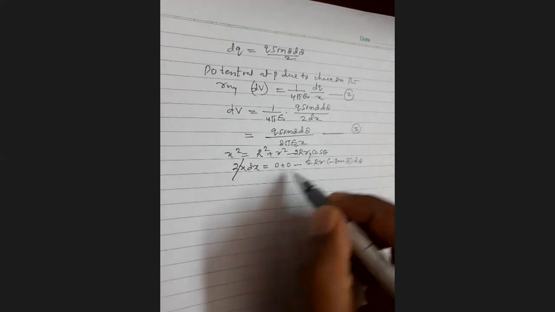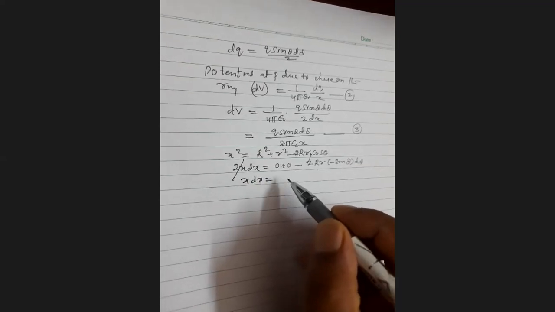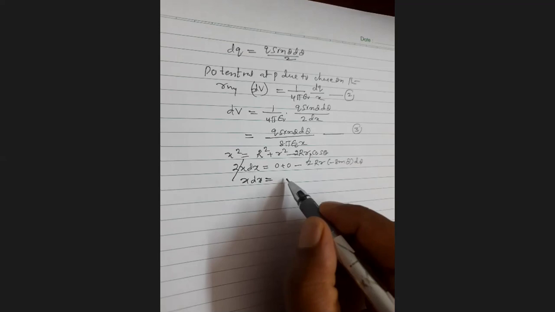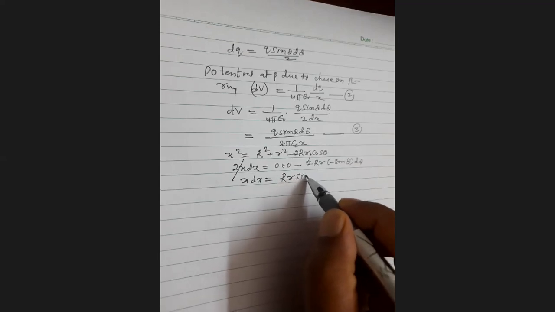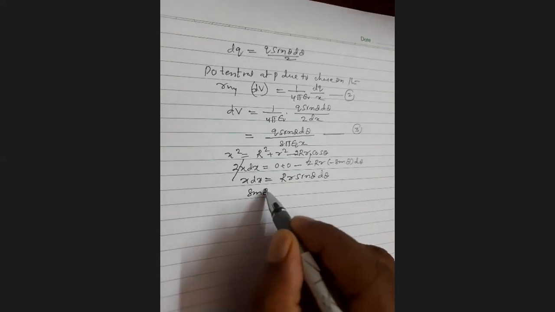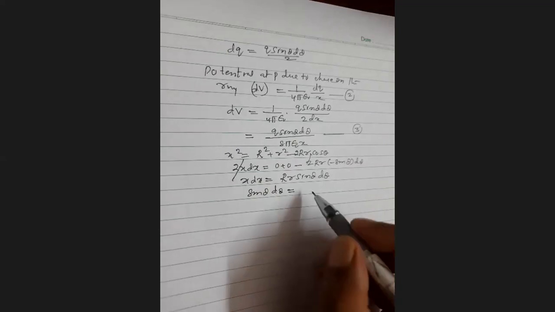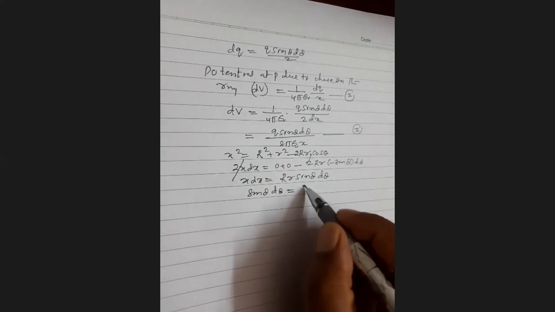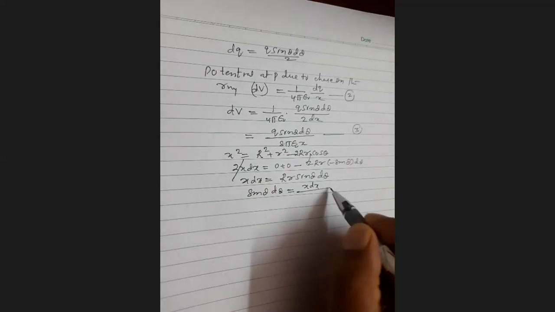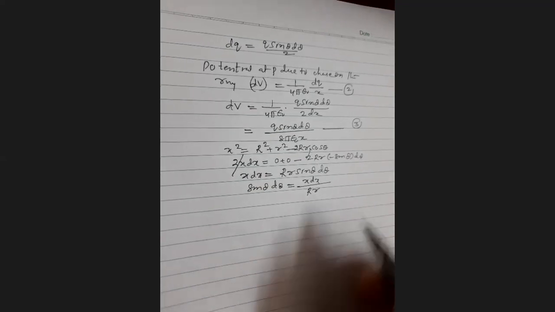So the 2 cancels, x dx equals Rr sin theta d theta. From that, write sin theta d theta as the subject, because we require this value in equation 3: sin theta d theta equals x dx by capital R small r. Say this is equation 4.